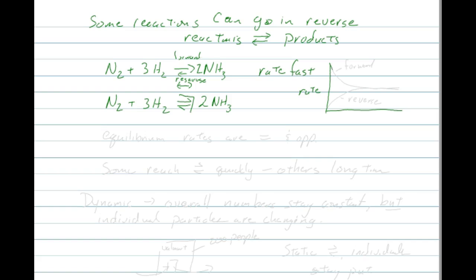It starts high and it goes down as you decrease the concentrations until it levels off. Here is the products forming reactants. It's 0 at the beginning, and then it goes faster and faster until it levels off. So this is the forward rate, and this is the reverse rate.